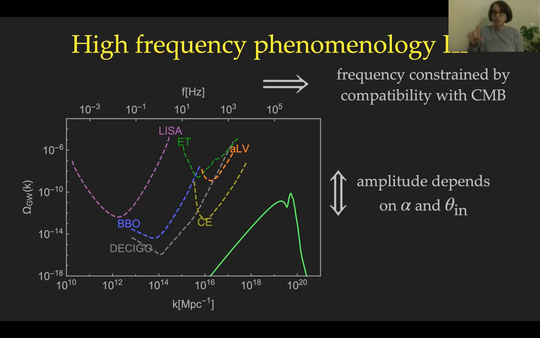So the amplitude really changes depending on the potential that you consider, but what is universal about these models is that in order to be compatible with the CMB measurements, the frequency of the peak has to be at ultra high values. So again, the frequency of the peak of the scalar power spectrum and the second order gravitational waves is constrained by the compatibility with the large scale measurements.